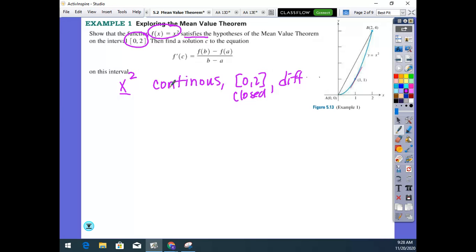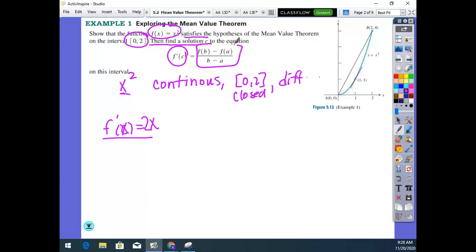Okay, so first of all, it satisfies it. Then it says, find a solution C. So what we're going to do, we have to find the derivative. F prime of C, technically I'm going to say f prime of x is 2x. Take the derivative of x squared. We do this piece separate.